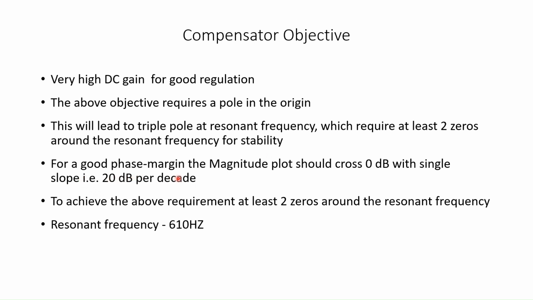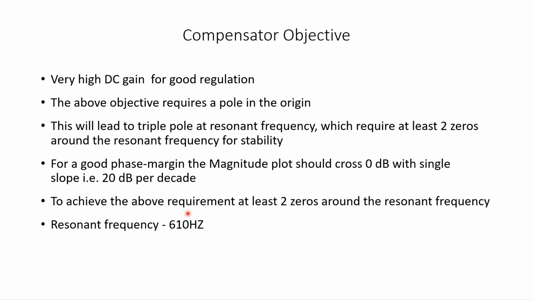For a good phase margin, the magnitude plot should cross 0 dB with a single slope, that is 20 dB per decade. So with 3 poles near the resonant frequency, if you add 2 zeros, then effectively there will be 1 pole.